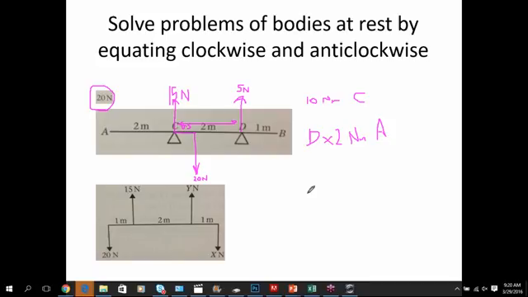There's no force, that's y times 0, so y times 0 is 0. There's no moment. So this one is clockwise, this one is clockwise, and only that one is anticlockwise.